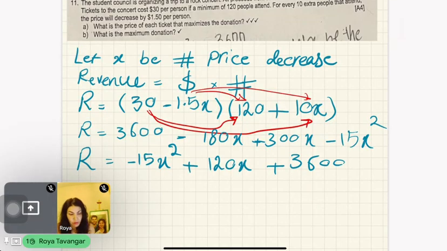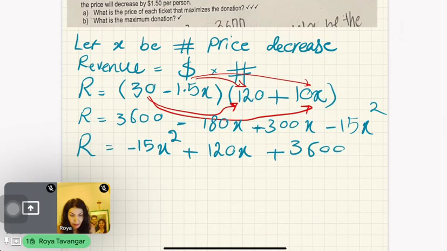So you see that this is a quadratic, a parabola, because we have x to the power of 2 here.